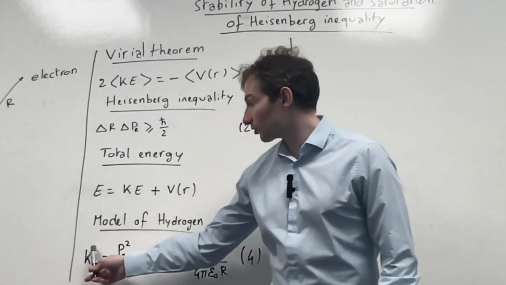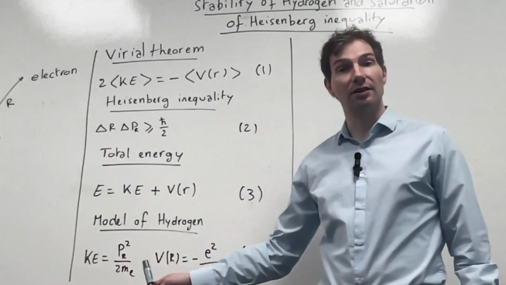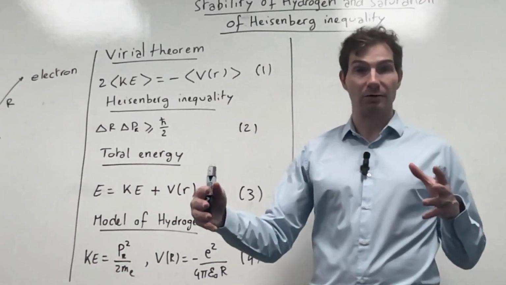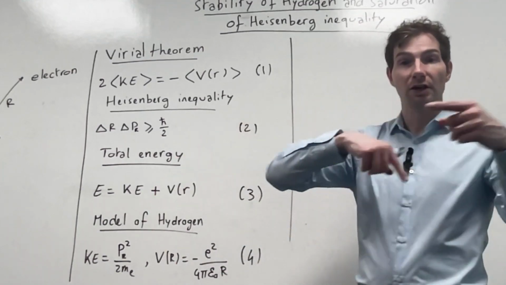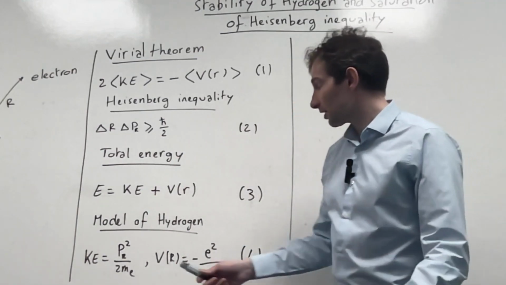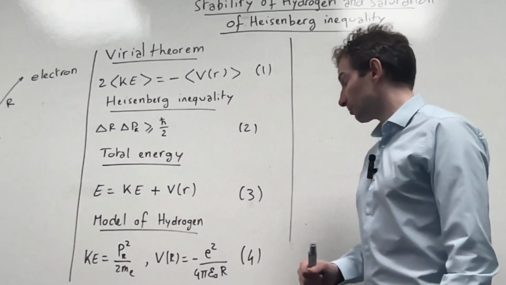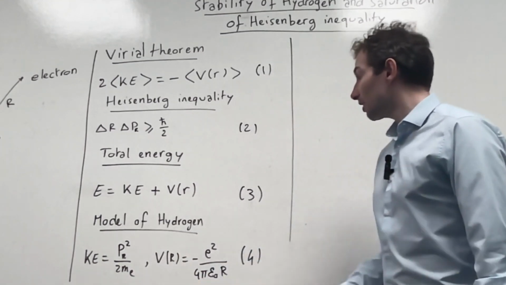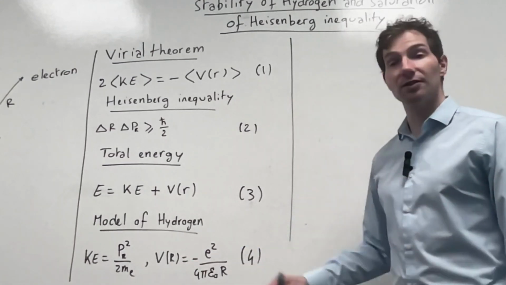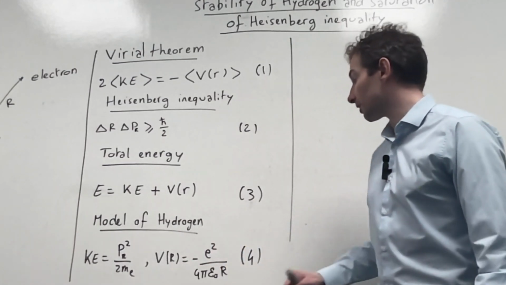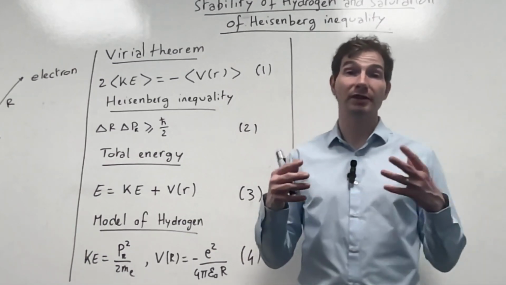Here I'm going to say that the kinetic energy, as I said earlier, has no so-called azimuthal component, no orbiting part. So it's simply P_R squared over 2m. And then the potential is simply minus e squared over 4 pi epsilon_0 R, which is simply the Coulomb potential.